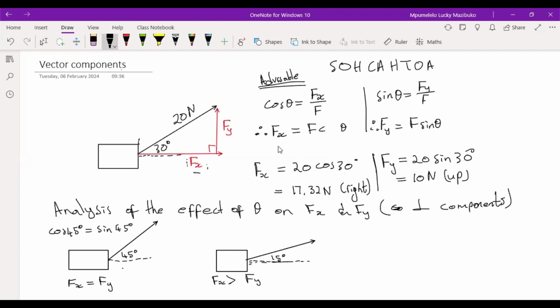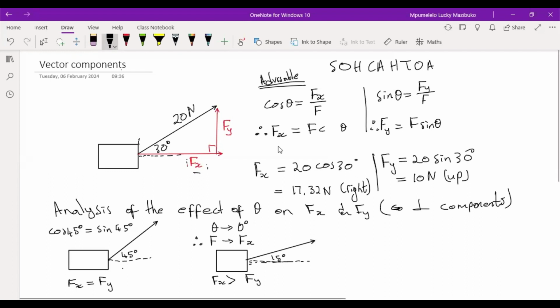We can even say that f approaches fx. When theta approaches 0 degrees from the horizontal, the actual force gets very close to the value of its x component.